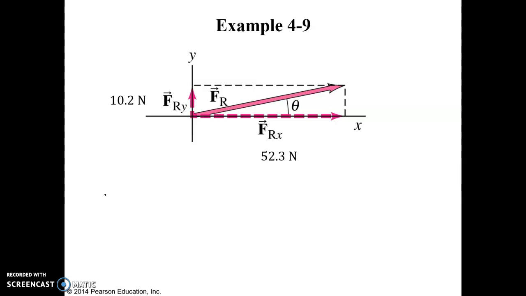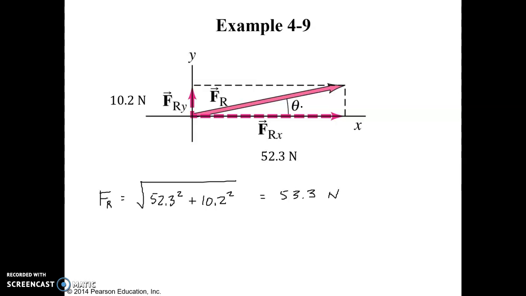So F sub r, the resulting force, would be the square root of 52.3 squared plus 10.2 squared. And that's going to give me 53.3 newtons as the force.